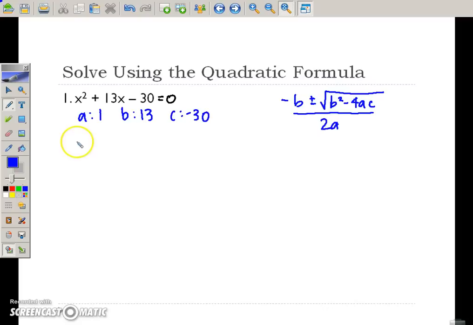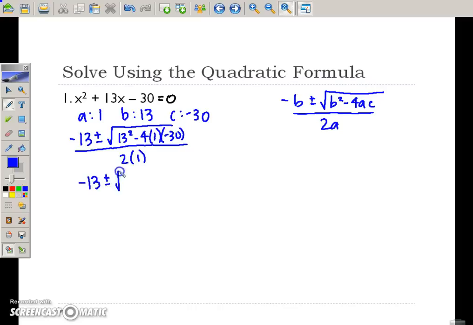So if we start with our negative b, it's going to be negative 13 plus or minus the square root, and then we have 13 squared minus 4 times 1 times negative 30 all over 2 times 1. So then we have negative 13 plus or minus the square root of 169 plus 120 all over 2.